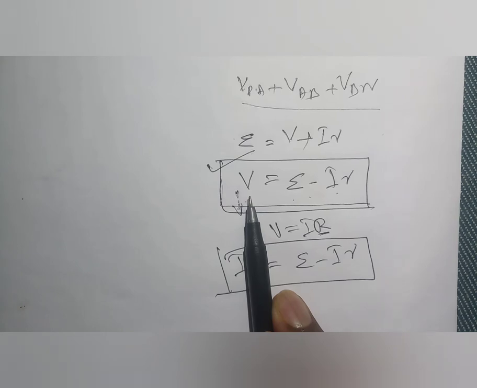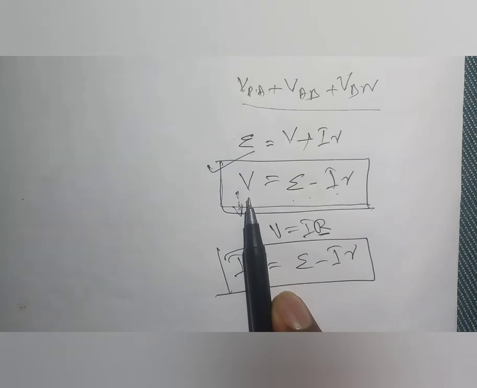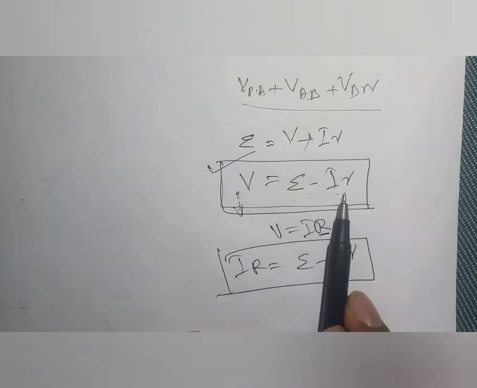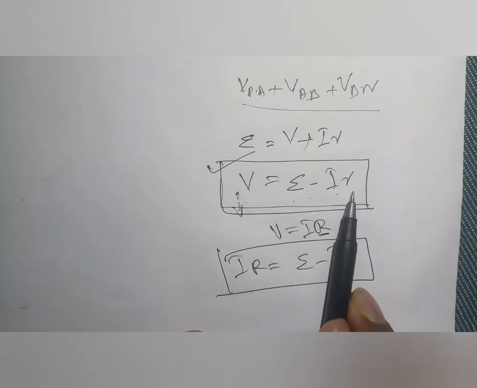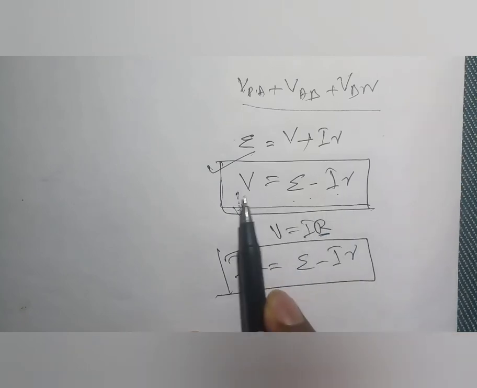Now if you think about a very small cell, in that case this EMF is a very small value. Along with that, the internal resistance will be very high, so the drop will be more. That's why a small cell cannot be used for running a car or an inverter, because if the internal resistance is very high, then the voltage will drop.